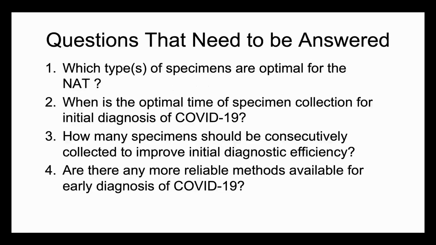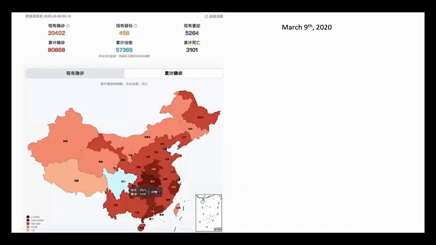Are there any more reliable methods available for early diagnosis of COVID-19 besides nucleic acid testing? So we are going to answer these questions based on studying COVID-19 patients in Sichuan province.